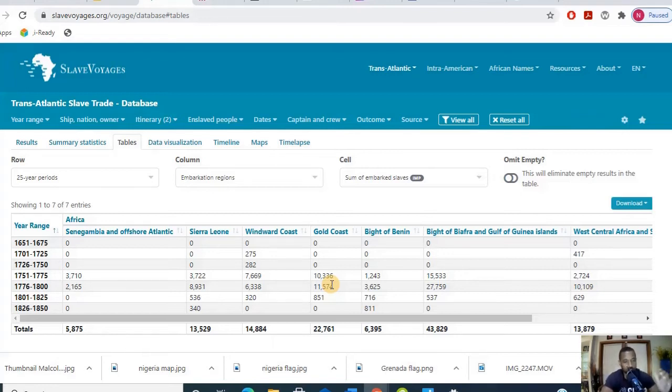Now, what are the issues with the Transatlantic Slave Trade database? Well, there's a historian by the name of Judith Carney. There's another historian, the late Gwendolyn Hall, and then you have David Eltis and David Richardson. Those are the ones that pretty much came up with the Transatlantic Slave Trade database and defend it.